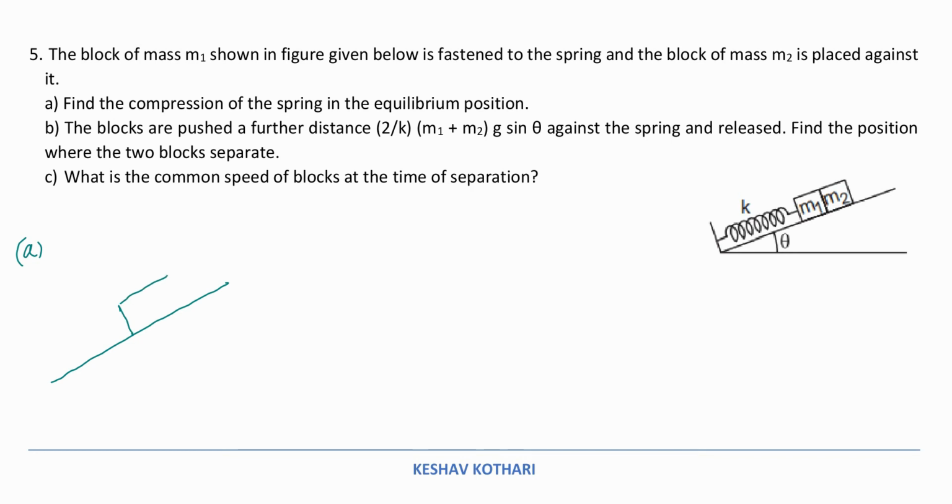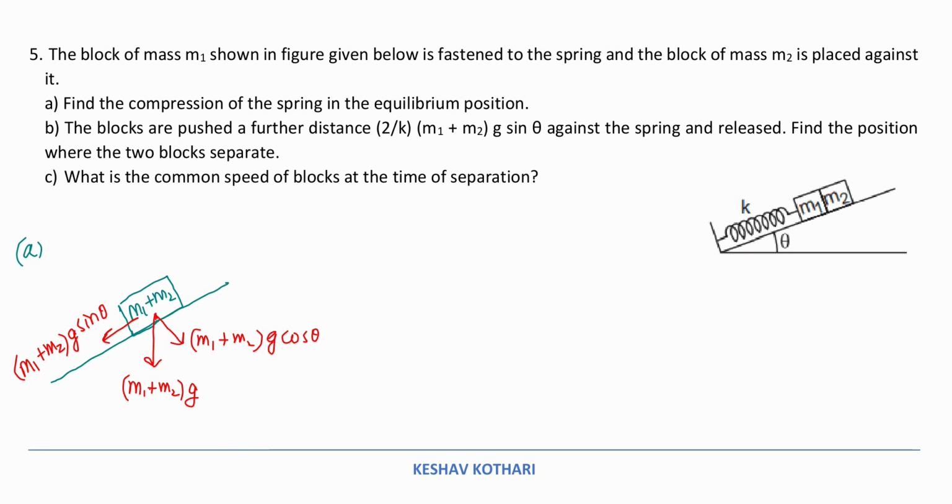I can collectively say that this mass is behaving like one system, that is m1 plus m2, and due to this mass system, if we break the component of force, then it is (m1 plus m2) g acting in the downward direction, (m1 plus m2) g cos theta in this direction, and in the downward direction along the incline we have (m1 plus m2) g sin theta. So this is the force which is responsible for compression produced in the spring.